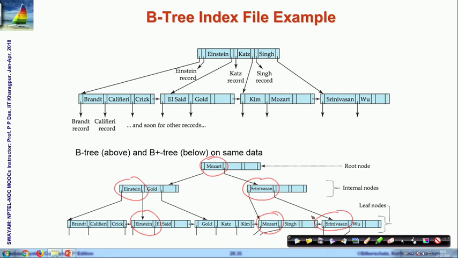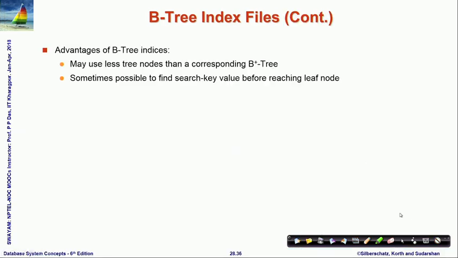This in contrast is a B tree representation, where Einstein, if it happens, then alongside it the pointer to the Einstein's record exists. If Brandt's happens here, along with it the Brandt's record exists, and Einstein would not happen anywhere else in the tree. So, you do not have this second instance of Einstein or this instance of Mozart in the B tree. Naturally, that is the basic optimization that B tree does.